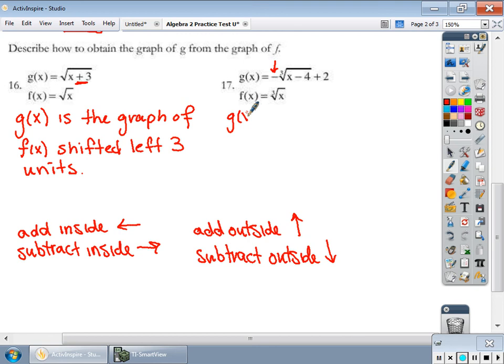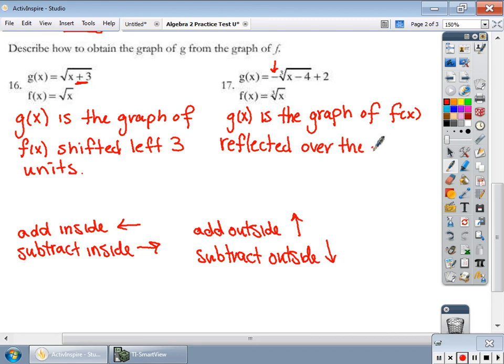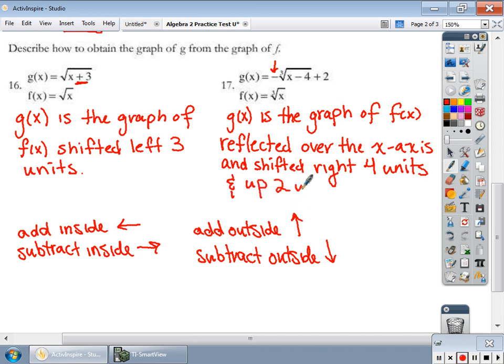So g of x is the graph of f of x reflected over the x-axis and shifted minus 4 on the inside means to the right 4 units. Add 2 on the outside means shifted up 2 units.